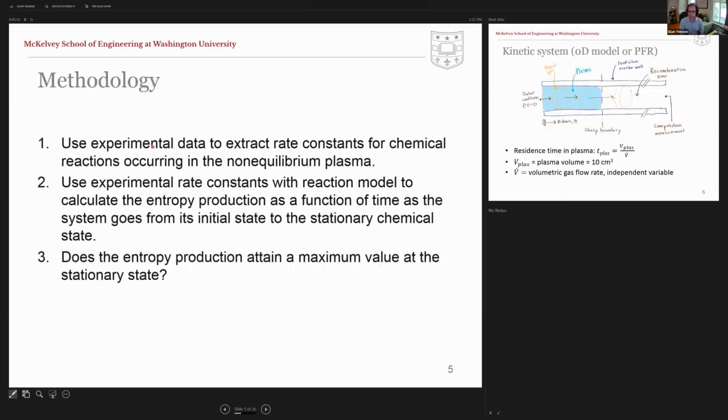So the methodology is going to use experimental data to extract rate constants, and then build a model to calculate the entropy production rate as a function of time using those rate constants, and then answer our question of interest.